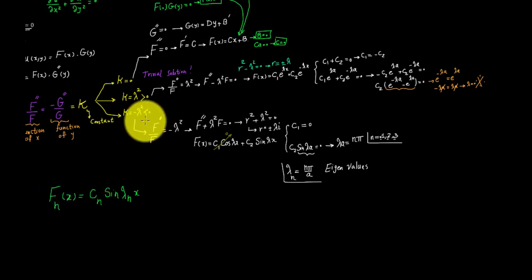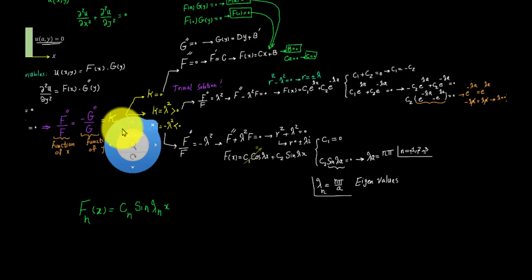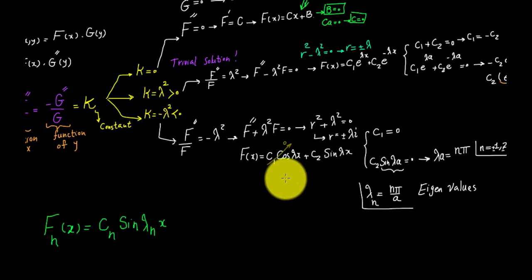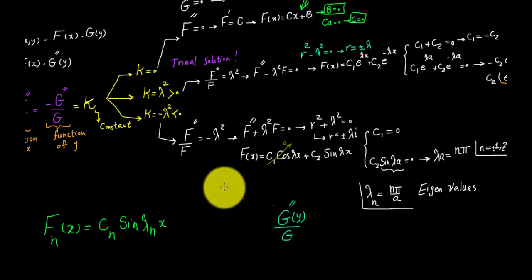Now we have to do similar to find capital G. Now let's recall what the ratio was for the G. So we had negative capital G double prime over capital G equals to k, and k was negative lambda squared. So if we solve the same thing for G, we have G double prime of y over G with a negative here equals to k, which is negative lambda squared.